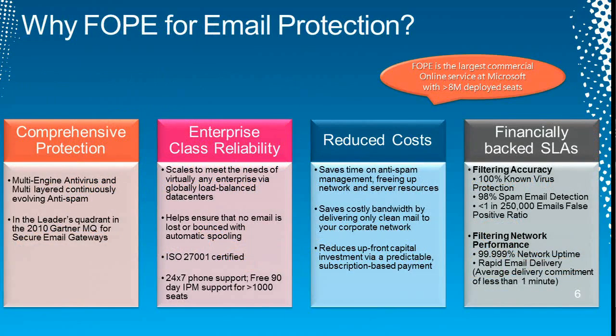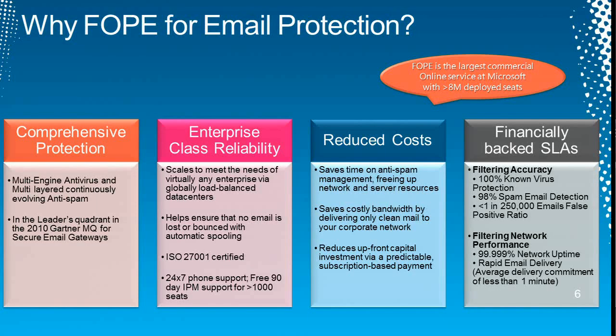And I'll talk a little bit about, for those of you not so familiar with FOPE, why FOPE, what we offer in this space. I'll go into an overview of the product and then dive a little deeper and talk about architecture. So the first thing is we have very comprehensive protection. What do I mean by that? We have a multi-layered approach both for antivirus and for anti-spam. Multiple engines make up our virus scanning.